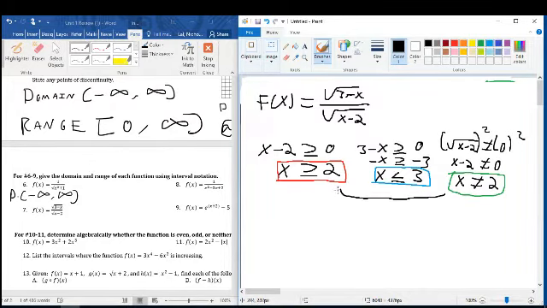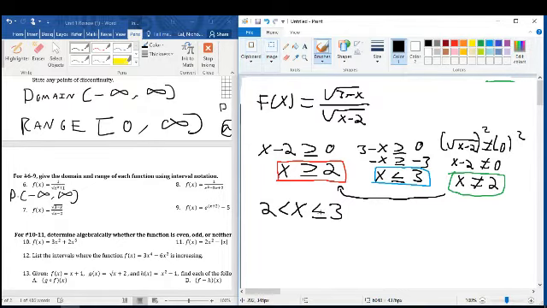That's going to interfere with where it says x must be greater than or equal to 2. So the domain ultimately becomes x has to be greater than 2, but less than or equal to 3.